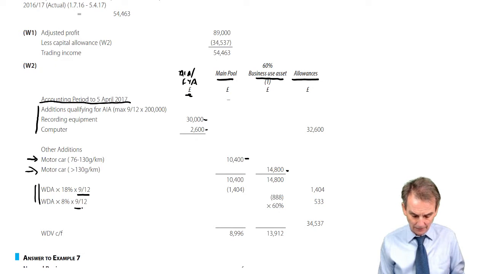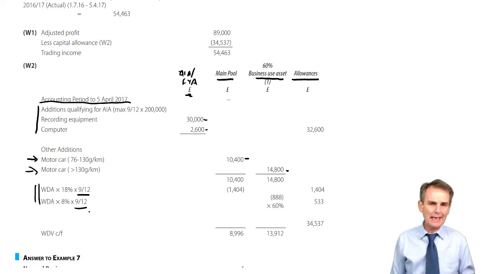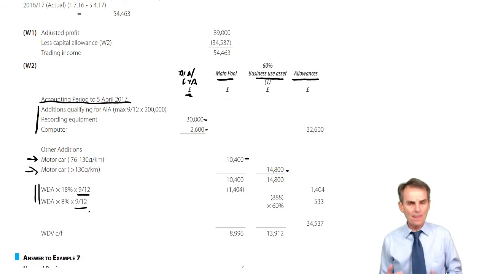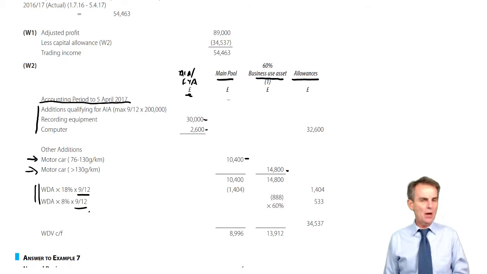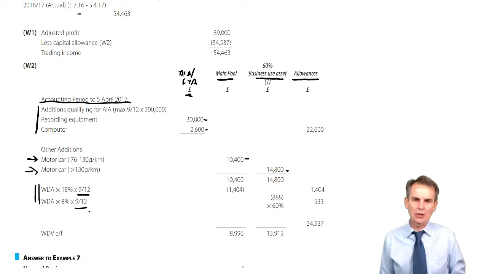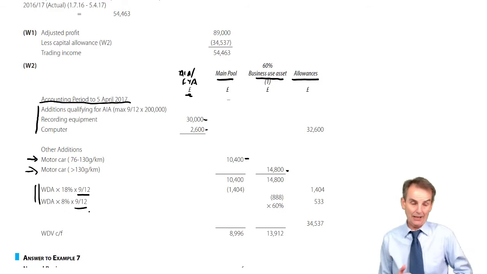also then critically time apportioned. The opening accounting period was 9 months, therefore 9 months worth of allowance. Don't make the mistake, as I've seen over the years many students do, of time apportioning the writing down allowance based on when within the period the asset, the car, happened to be purchased. Not an issue.